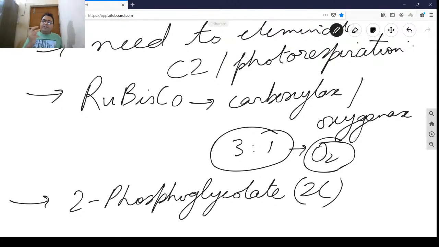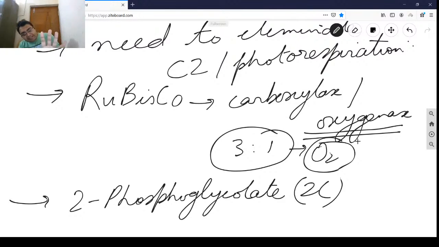Now what evolution has effectively tried is to eliminate the oxygenase activity of the ribulose 1,5 bisphosphate carboxylase oxygenase, the Rubisco enzyme, which is the most predominant enzyme in the entire biosphere as far as concentration is concerned. Nature has not changed the Rubisco gene so that its oxygenase activity is completely gone.